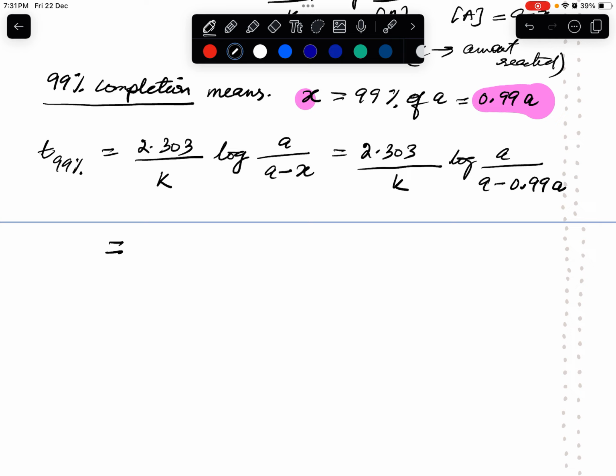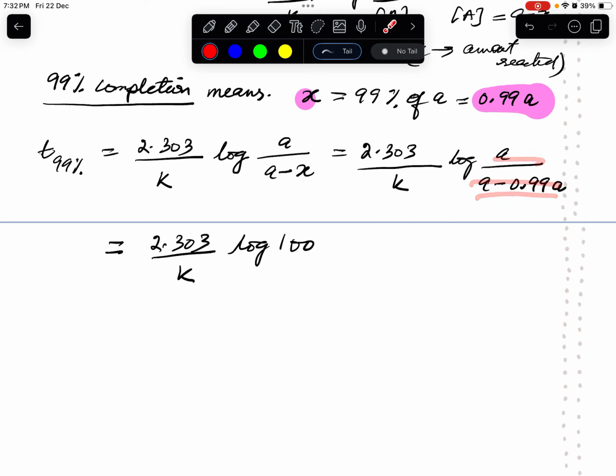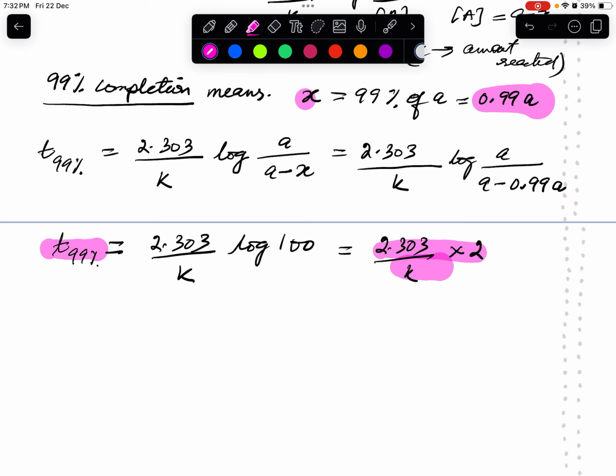We simplify, and after simplification we get log 100. The value of log 100 is 2, so it is 2.303 divided by k multiplied by 2. This is the time taken for 99% completion. This is our first equation that we will use.